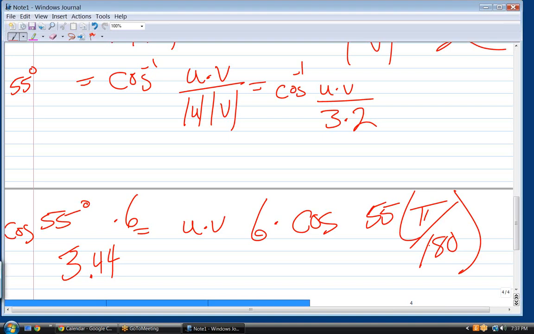If you switch to radian mode, you're going to get the same answer, 3.44. As long as your calculator is in degree mode, then this is the same answer as you would get if it was in radian mode and you put in that. We're going to multiply it by 6.